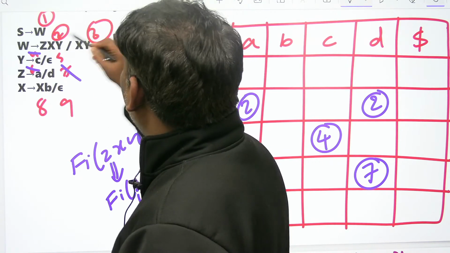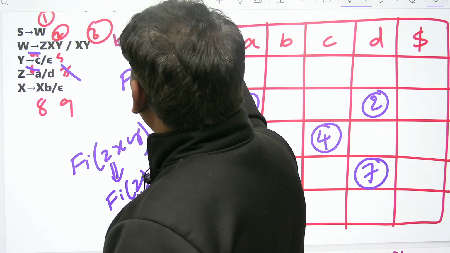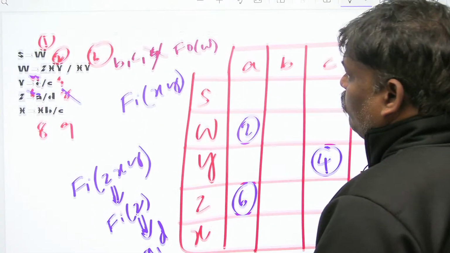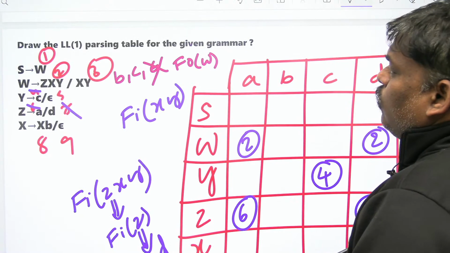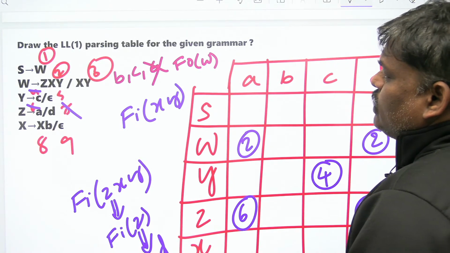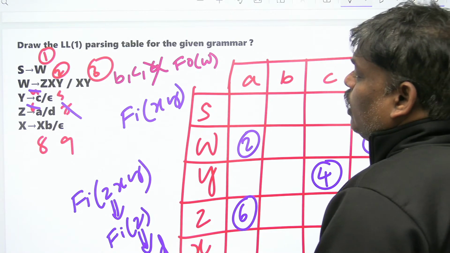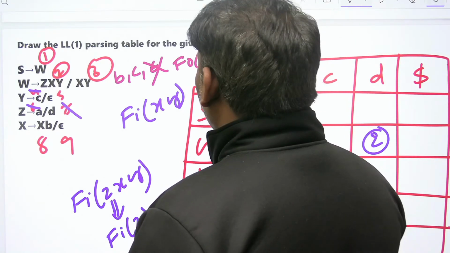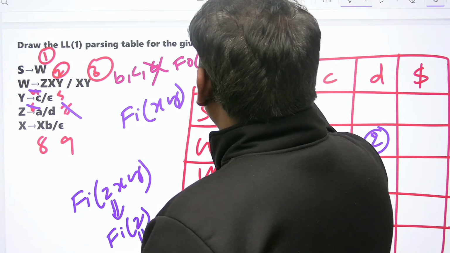Further there is nothing, so follow of W. What is follow of W? Follow of W is follow of S, which is dollar.